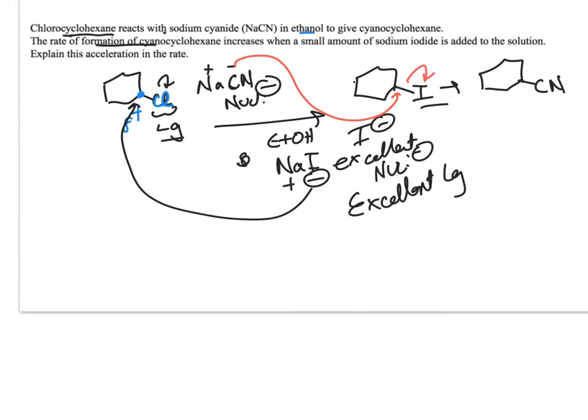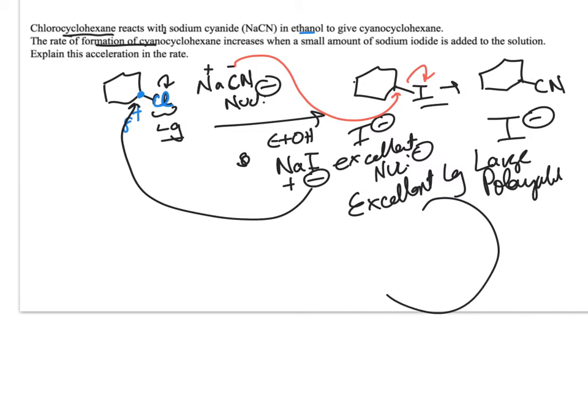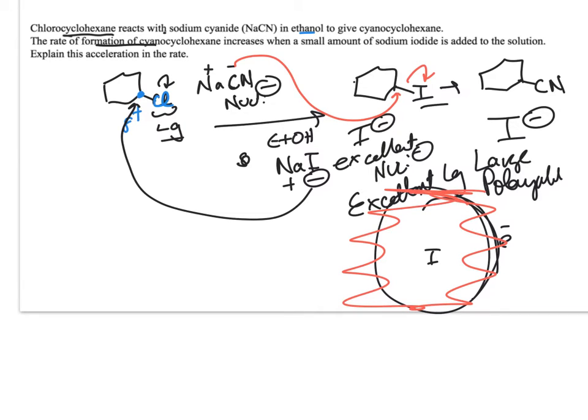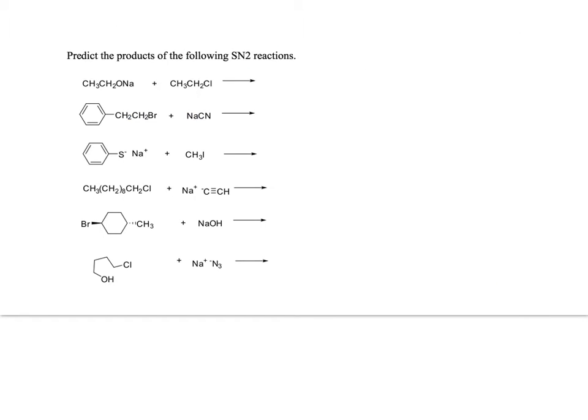Now, the other thing is the reason why it's an excellent nucleophile and an excellent leaving group is because it's so large and polarizable. Polarizable means that it's so big it has this big shell of outside electrons. So the valence shell electrons is this big old cloud out here of iodide, and it's big and large, and so it likes to be alone, and it also can be a great, excellent nucleophile.